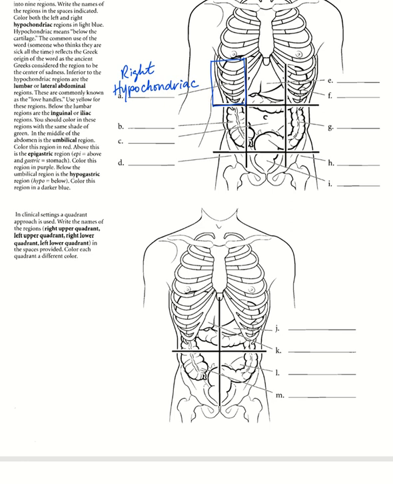We then have the right lumbar, which is also known as the right lateral, meaning off to the side, abdominal. And then I'm going to jump down to our last right side.